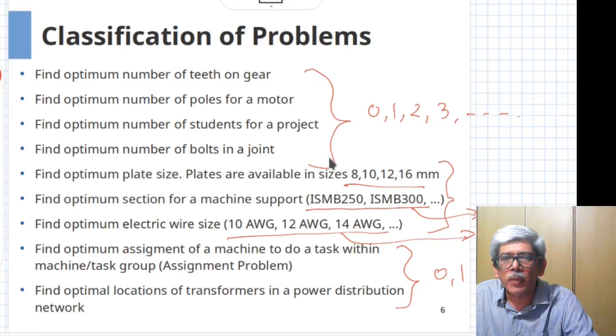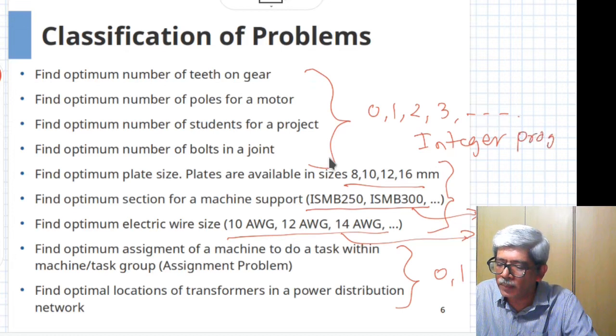The first type of problems are called integer programming problems. The second are called discrete programming problems, and the last one are called simply 0-1 programming problems.